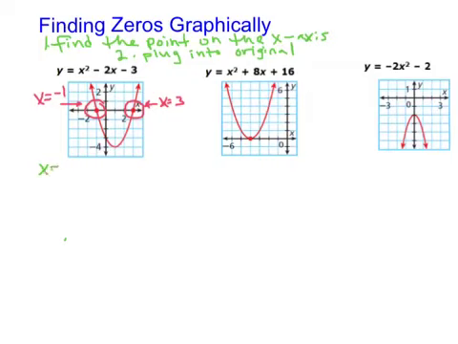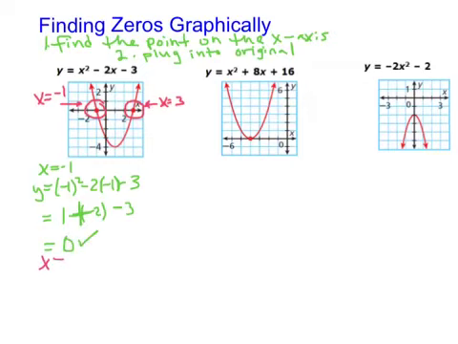So if we do x equals -1, y equals -1 squared minus 2 times -1 minus 3, that gives us 1 minus -2 minus 3, and we know that this is going to give us plus 2, and so 1 plus 2 minus 3 does give us 0, so that one works.